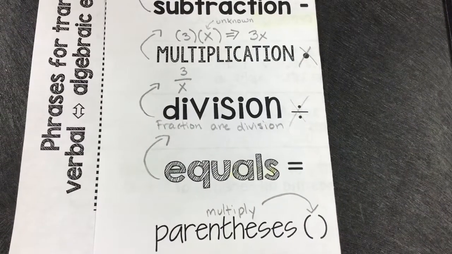It can mean multiply. It doesn't have to be multiply. It just wants you to do the things inside those parentheses first. But sometimes it implies multiplication, and then that's why I want you to write it down, is because sometimes it doesn't specifically tell you. We should just know.